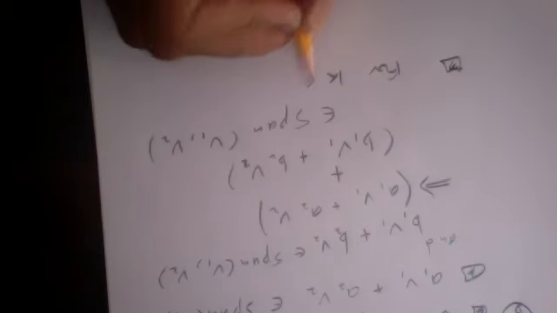And finally, you're going to have to also show that for some real number K, if A1 V1 plus A2 V2, let's call that vector U, belongs to the span of V1, V2, then KU must belong to the span of V1, V2.